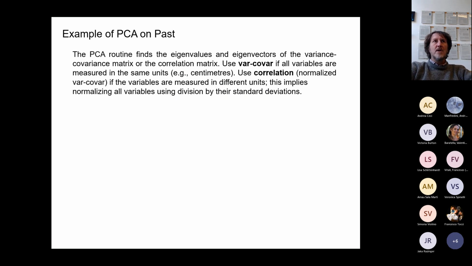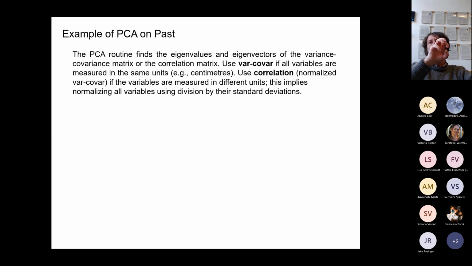So now we will go to work on PAST. On PAST, we have two options. We have the option of using the variance and covariance matrix, so the matrix uses the same units as the original matrix, and the correlation matrix, which standardizes the matrix.